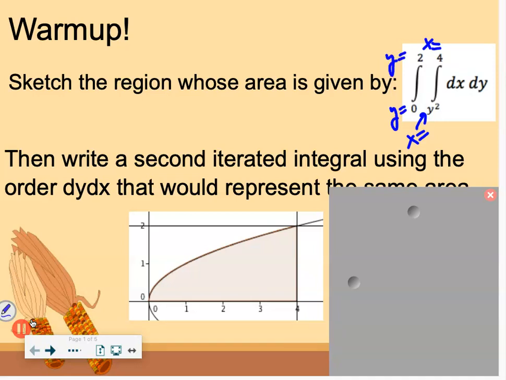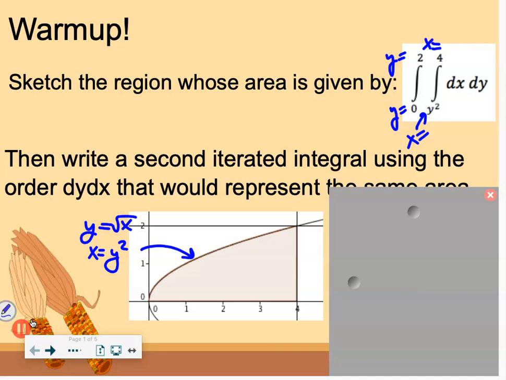If we want to reverse it, when we reversed doing area, doing a left-right instead of an up-down, we have to solve the function x equals y squared for y in terms of x. So this would also be written as y equals, this top part would be positive root x, and the bottom would be negative root x. You could use either one of these to represent this curve.